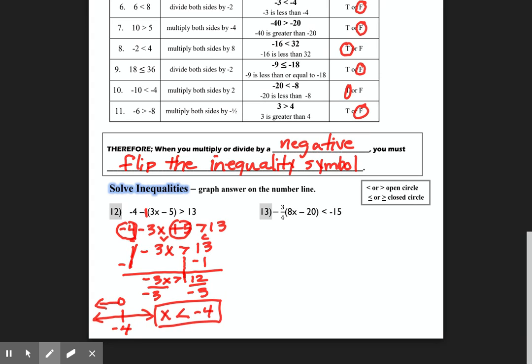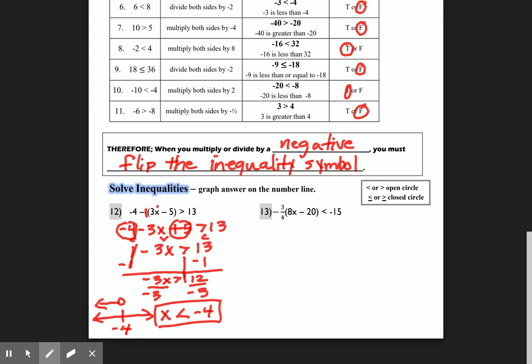And if you did want to check it, like you could choose a number that's less than -4, like -5, and then put it in place of the x right up here, and see if it makes the left side greater than 13.